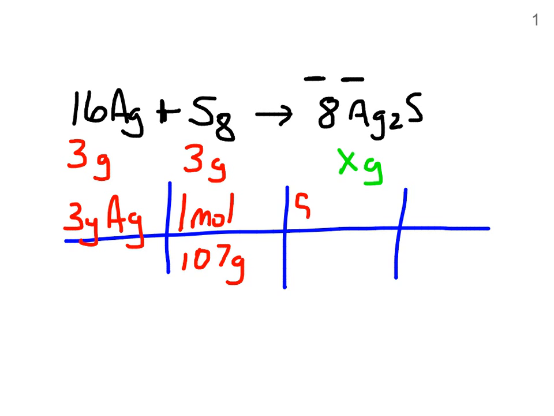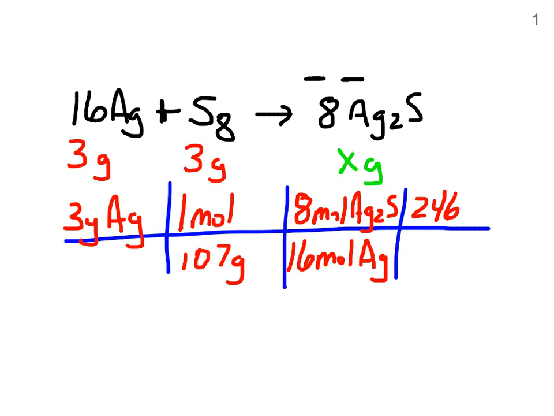I'm going to get 8 moles of silver sulfide for every 16 moles of silver that I use. And silver sulfide has a gram formula mass of 107 plus 107 plus 32, 246 grams for every 1 mole of Ag2S.